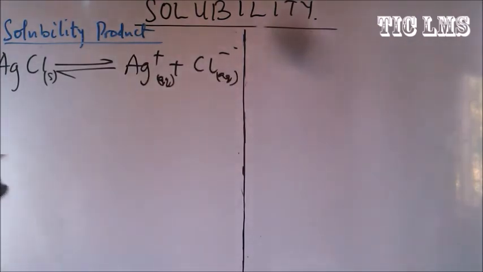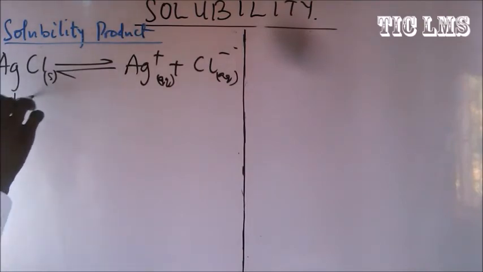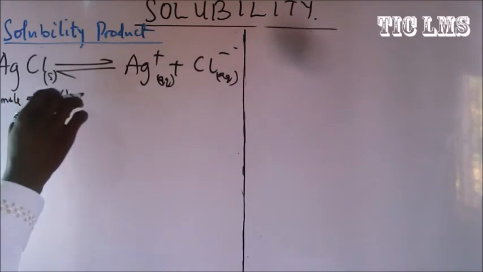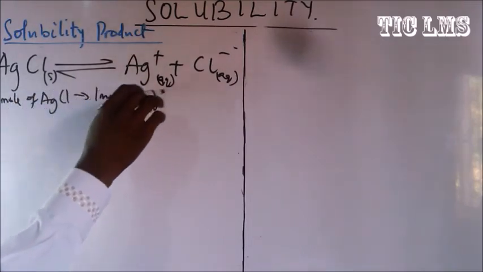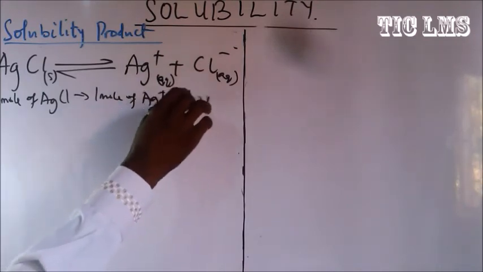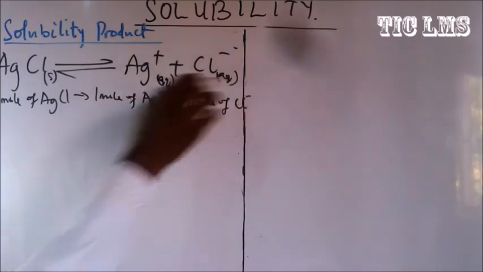Now, from what we have on the board, this is already balanced. And so we have that 1 mole of silver chloride produces 1 mole of silver ion and 1 mole of chlorine ion.